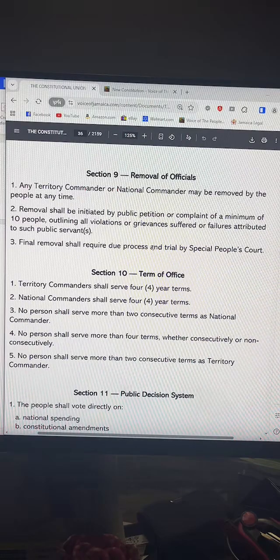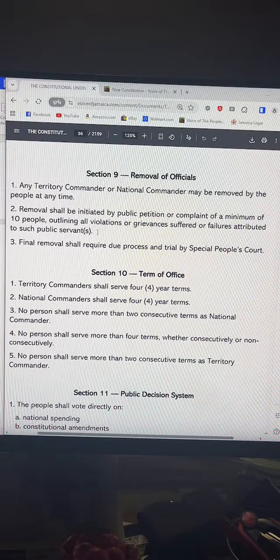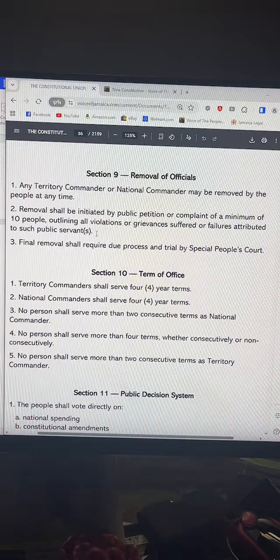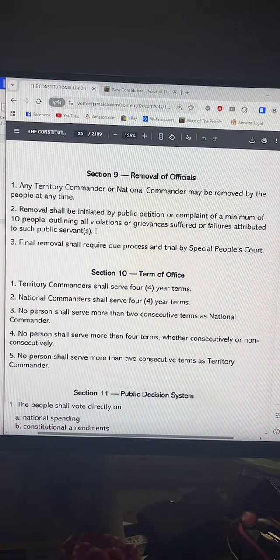Final removal shall require due process and trial by special people's court. What is the special people's court? Now, if we have someone in government who is accused of some kind of wrongdoing, it would not be wise to have public officials judging the accused.